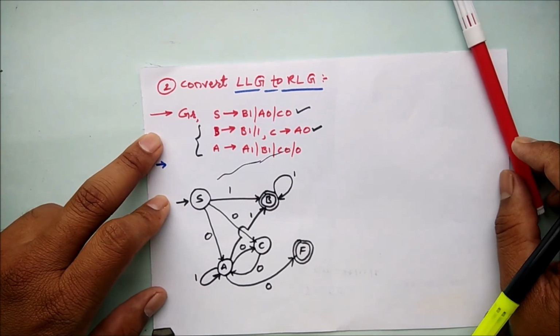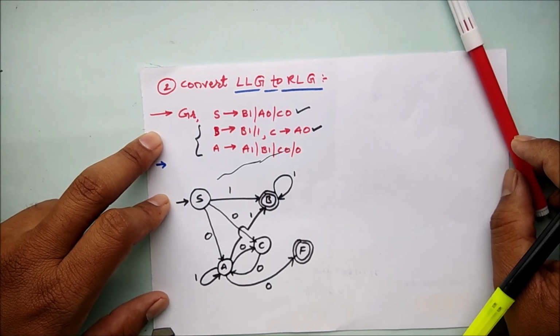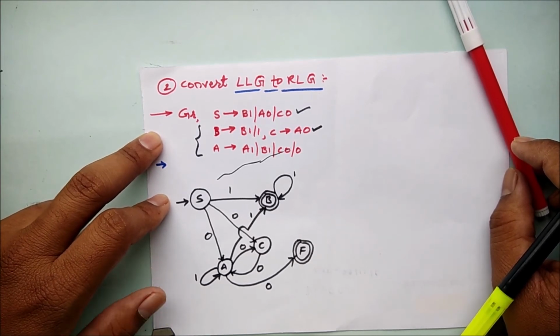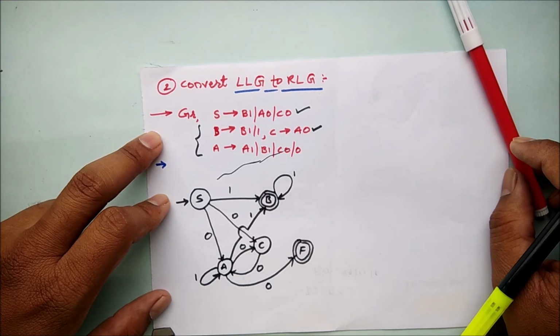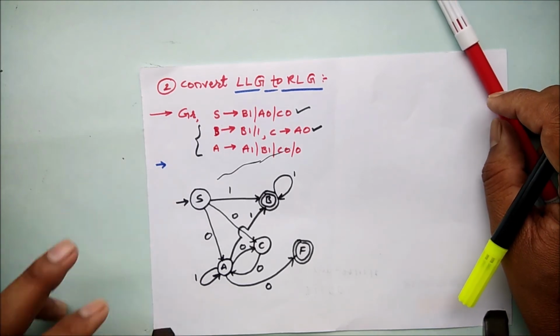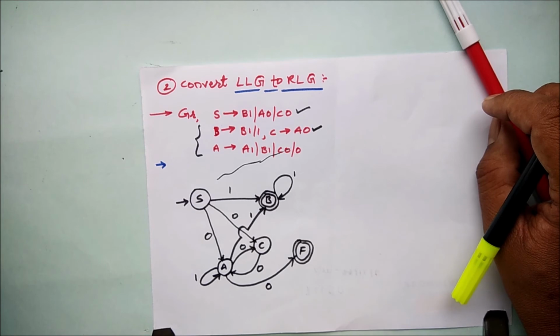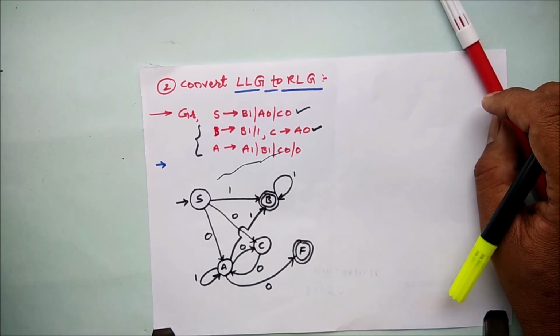So now see, we do have two final states in a single finite automata, right? When multiple final states are generated after drawing, we cannot apply the steps of LLG to FA.